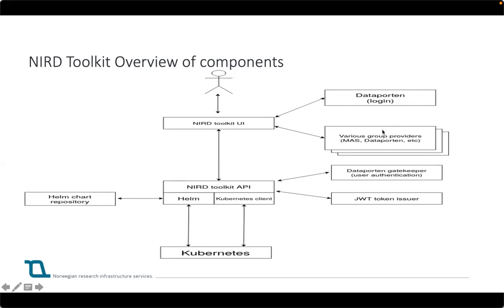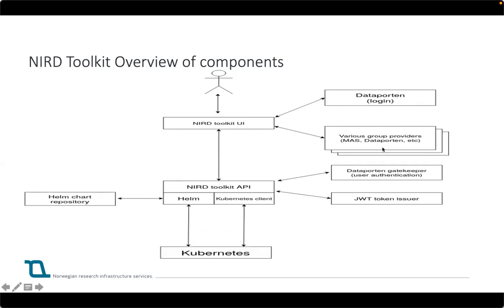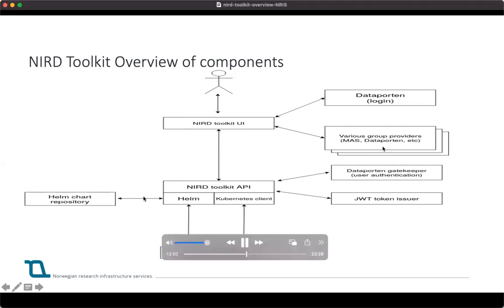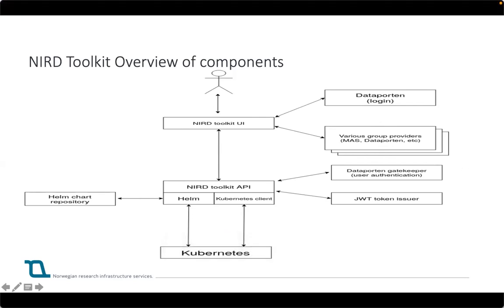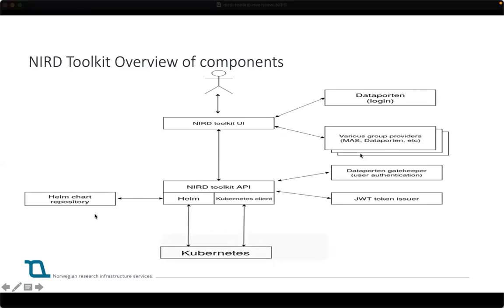Dataporten will check against MAS, the administration system, to check if the person is actually a member of the project. So this connection is very important. It makes the connection between your Dataporten ID and your project area on NIRD.